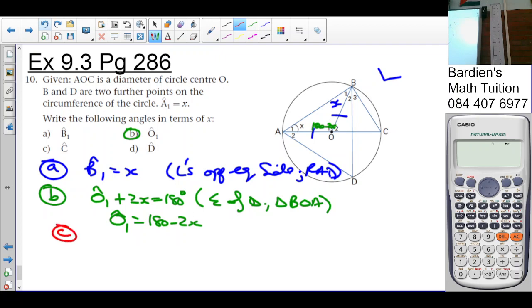Let's look at C. Angle C. I'm going to calculate angle C. See, angle at center is twice angle at circumference. Can you see that, people? Put your fingers here on B and A. You run it to the center and back, circumference. You guys understand? Angle at center is twice angle at circumference.